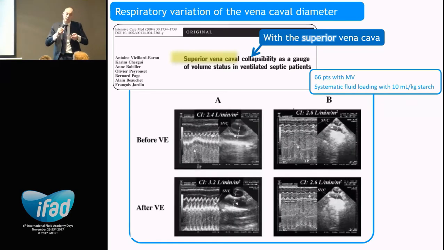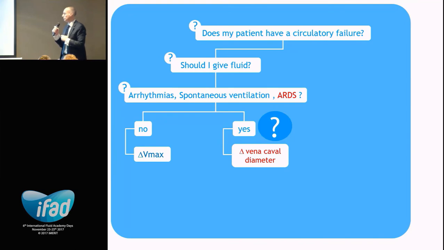By the way, you need a transesophageal echocardiography. It's easier, of course, with a transthoracic echo. By the way, also keep in mind that if you have an arterial catheter, it's the same, or even better and easier. Nevertheless, if there is no catheter, you can do that with echo.